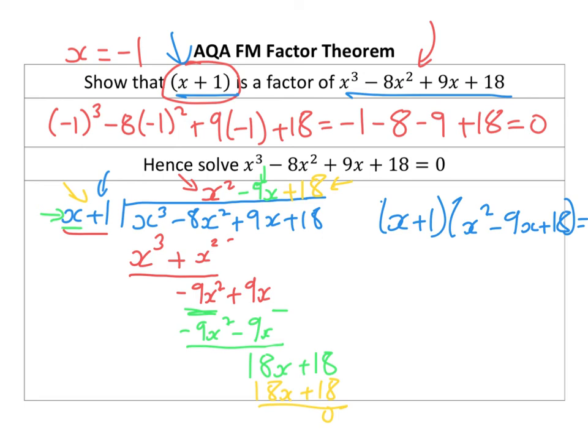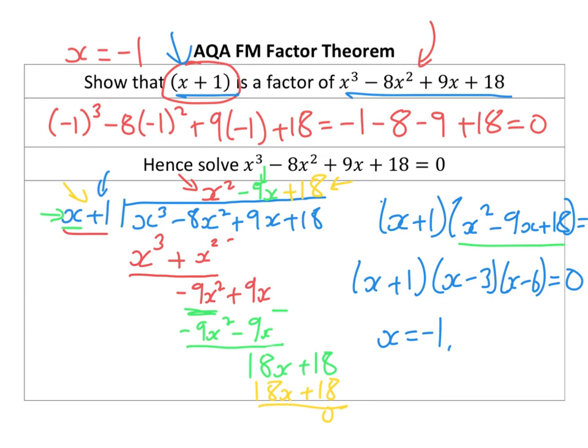So this bit here, which I will underline, should factorise now, which it does. So I end up with x plus 1, x minus 3, x minus 6 equals 0, and therefore my solutions are -1, 3, and 6.